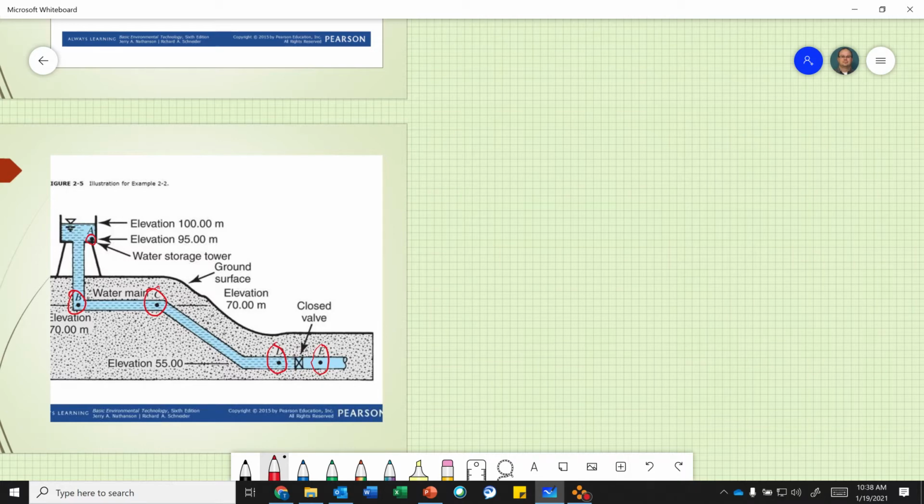So we are in meters now. Our formula is P equals 9.8 times H, and we know H is in meters. Okay, so remember, where do we start? We always start from the water surface.